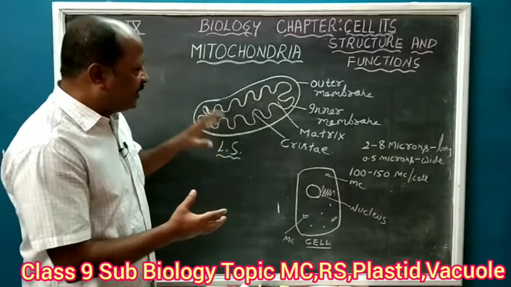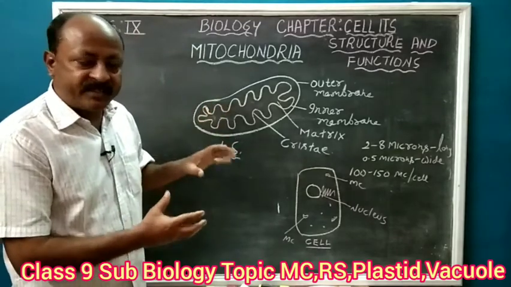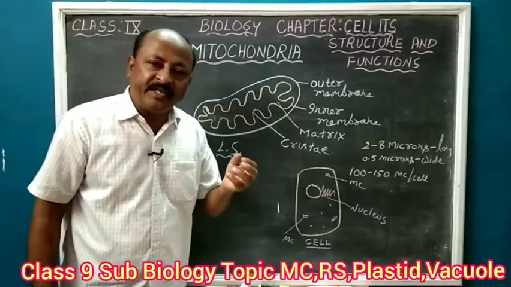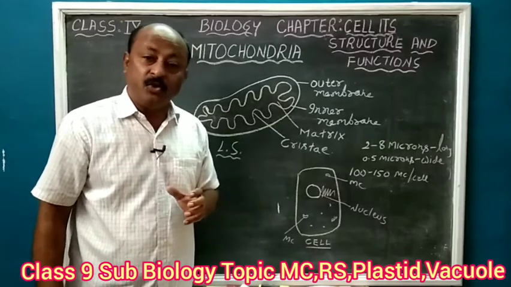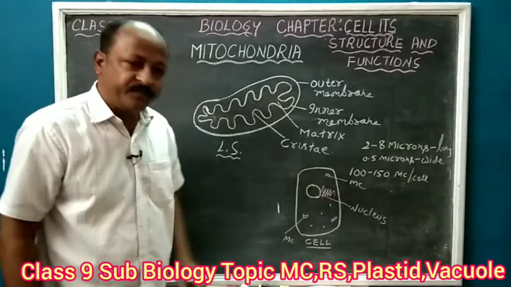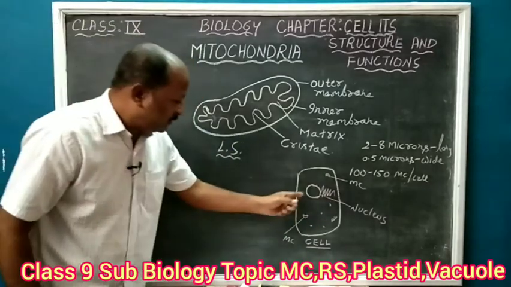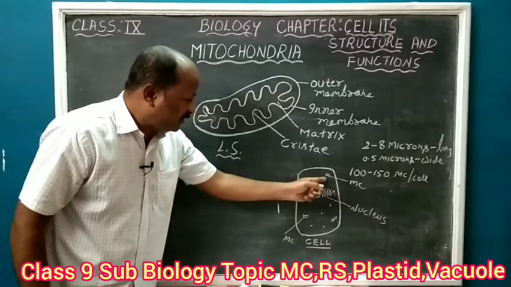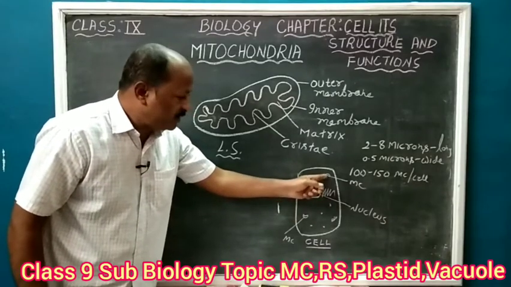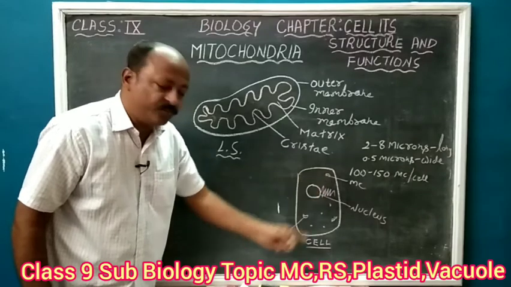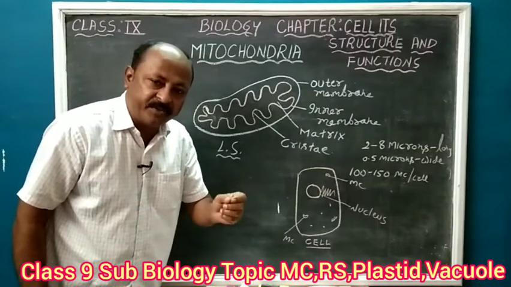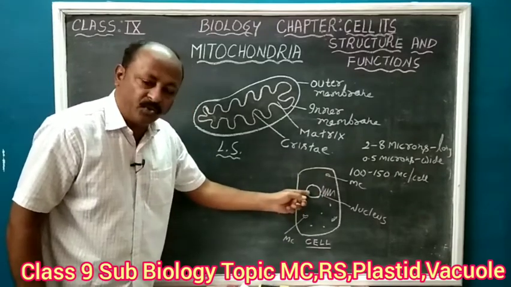When we compare the mitochondria with the nucleus, it's around 150 times smaller than the nucleus. Here in this cell, we can clearly observe this is the nucleus and this is the mitochondria. This mitochondria is nearly 150 times smaller than the nucleus.